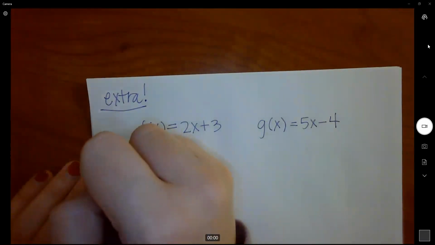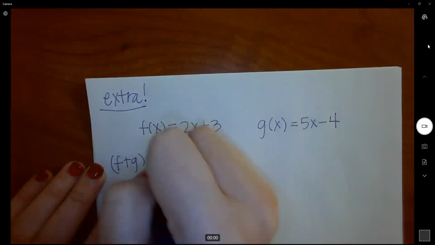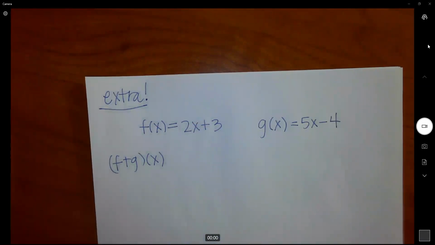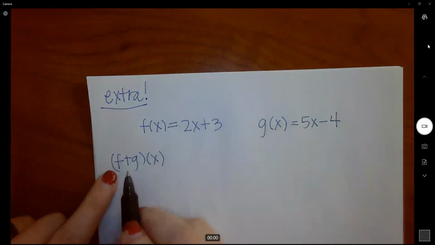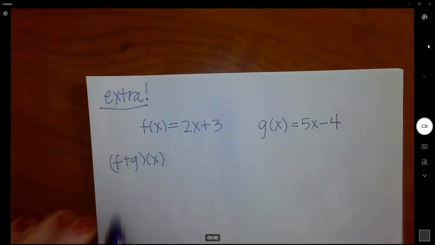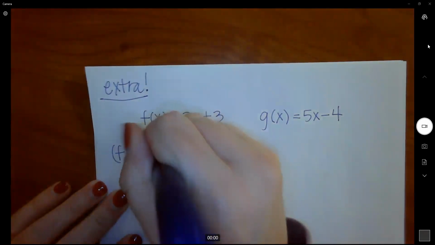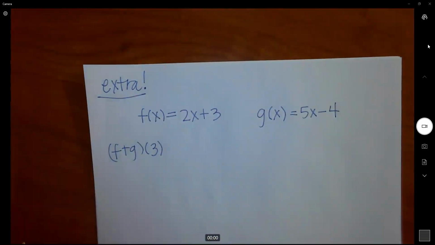If they ask me to find f plus g of 3, not of x, but of 3, I can find this 2 ways.